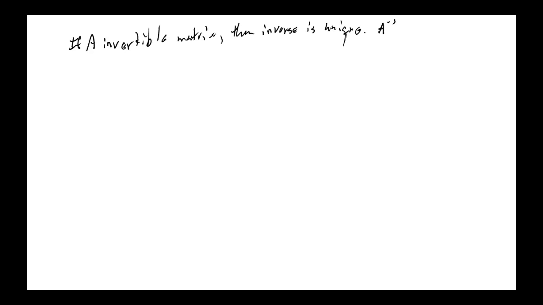Okay? Now, the proof of this is pretty easy, I think. If A is invertible, which is told to us here, then that means there is a B such that A times B is equal to I sub n.